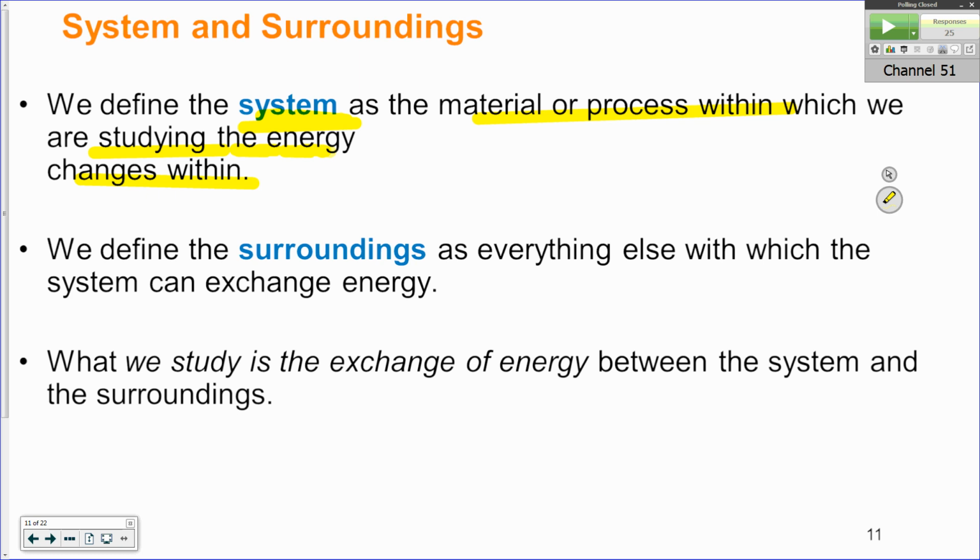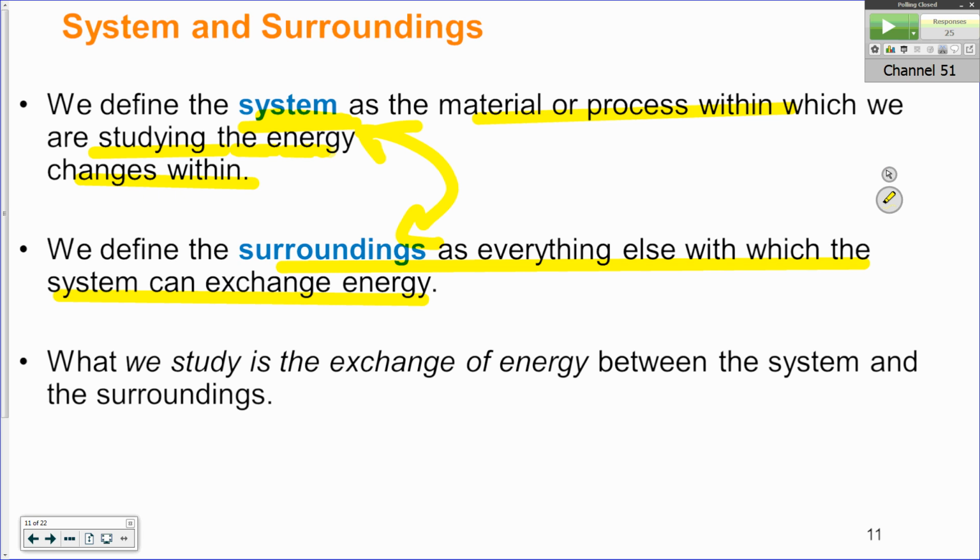However, we can't have a chemical reaction without a solvent around it, or air, or some kind of container. The surroundings is everything else that is in contact with the system, and it's where the energy exchange with the outside can occur. Energy goes in and out. It exchanges between system and surroundings and can flow both ways.